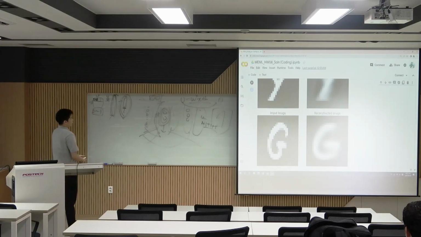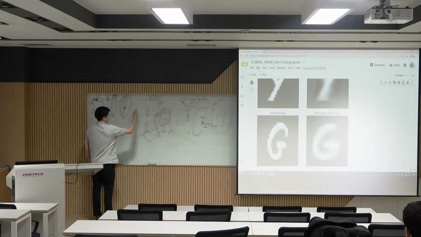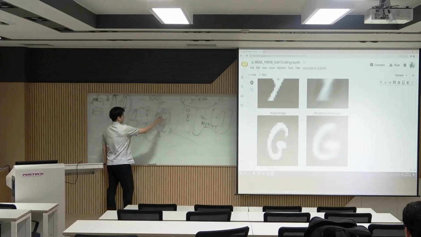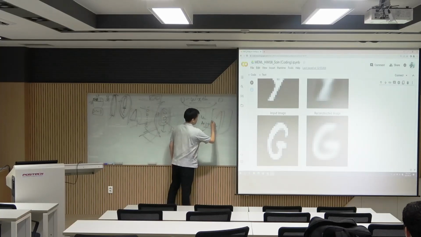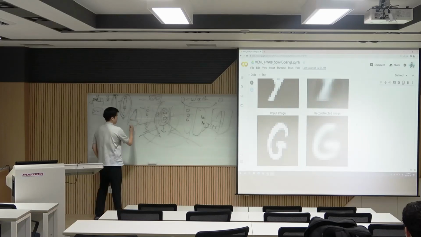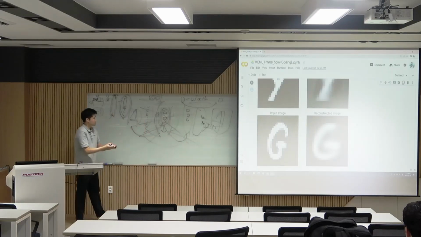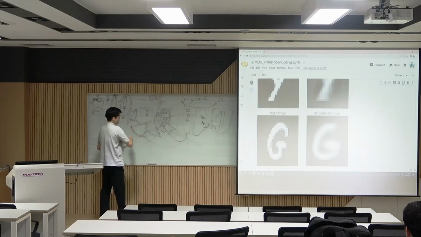So our trained autoencoder is supposed to make an image like A into a two-dimensional space, and then make it again into the image of A from that two-dimensional latent space. So basically the encoder part is for dimensionality reduction, and the second part is for dimensionality expansion, so that we can get the original data.